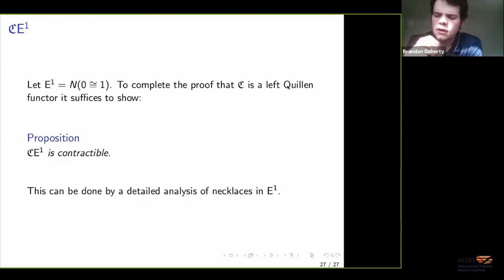I see. Yeah, I'm not aware of any cubical analog of that that's written up anywhere. It does sound like something analogous should probably exist.